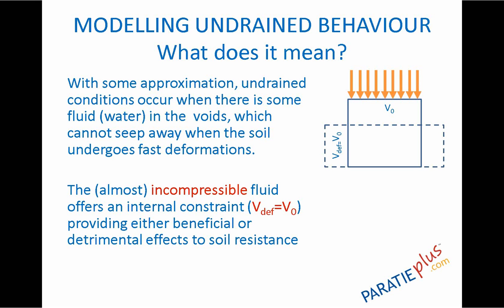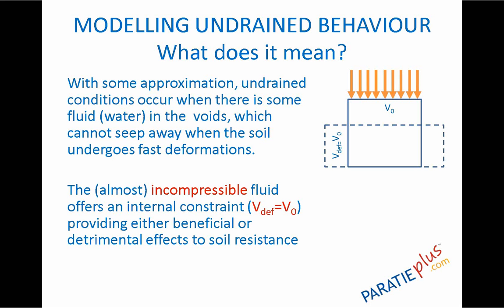And as long as the fluid is almost incompressible, this condition has the consequence of providing a constraint in how the soil deforms, preventing volume reduction. So a soil in undrained condition, of course, may deform, but at constant volume.